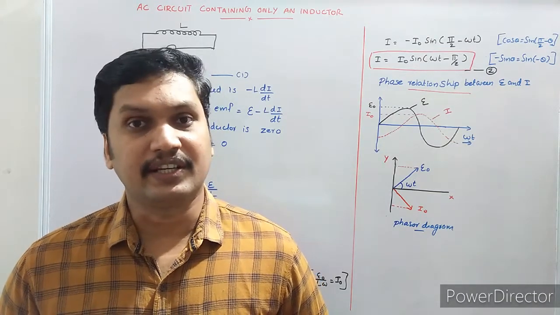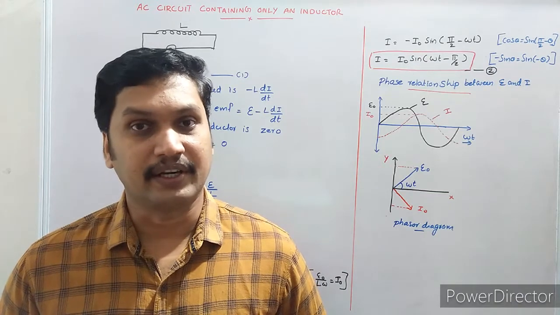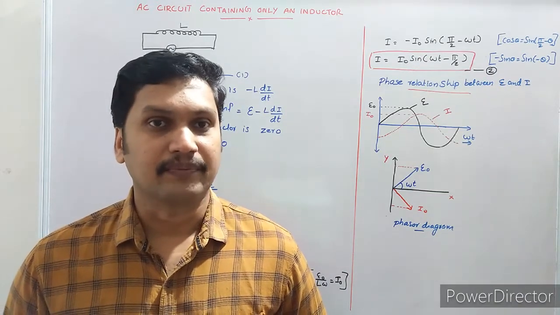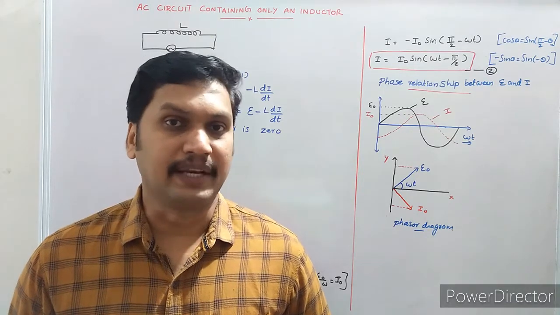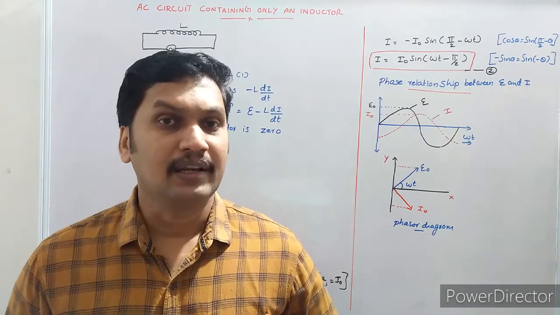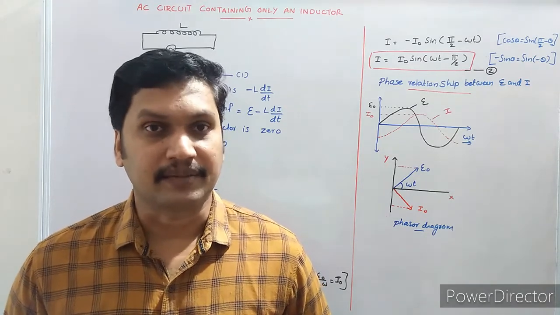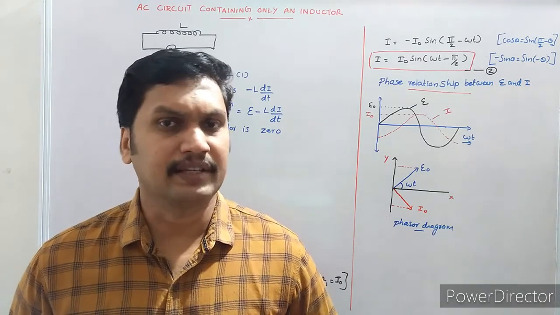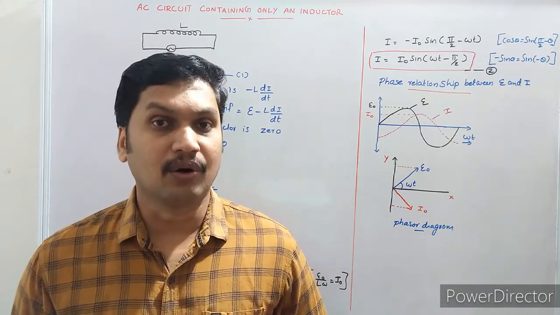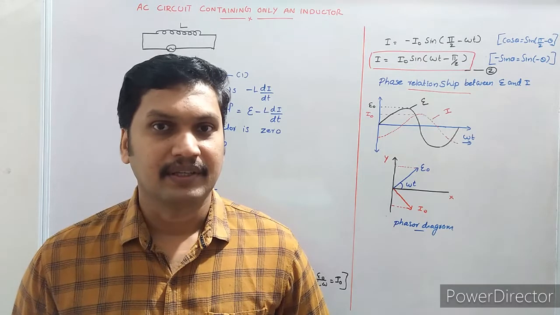If there is any change in current in a circuit or in a coil, there is an opposing EMF produced in that coil. That phenomenon is known as self-induction, and that coil is known as an inductor. So an inductor is nothing but a coil which can oppose the growth and decay of current.